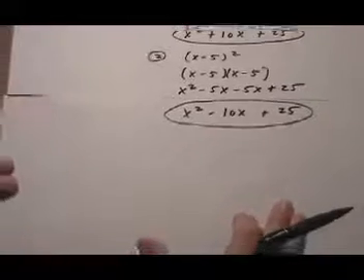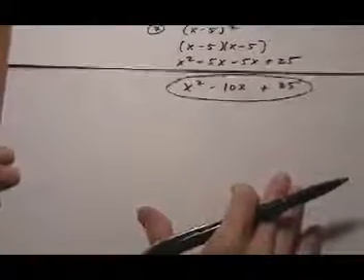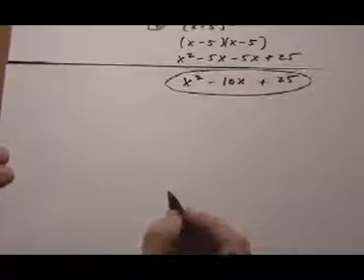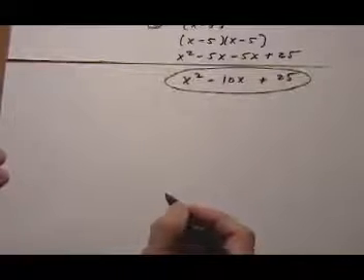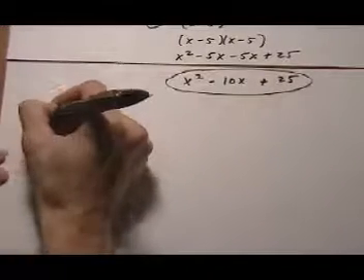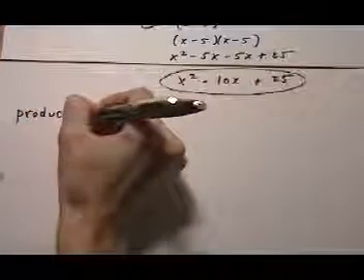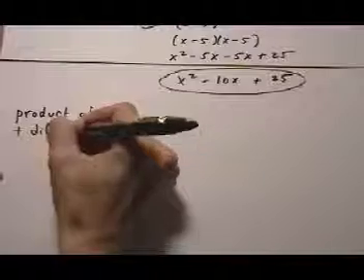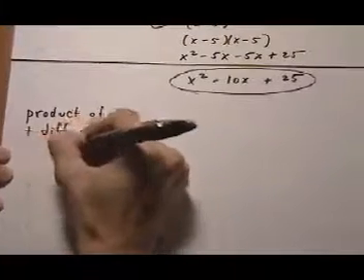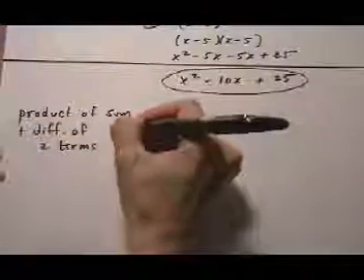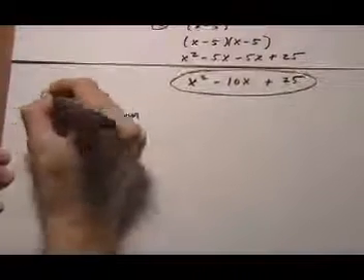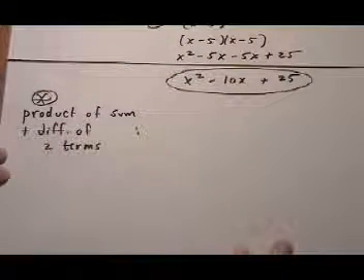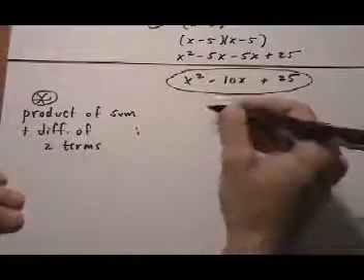Okay, the next thing we want to look at is the product of sum and difference of two terms. And this is the one that will be worth your while to memorize.